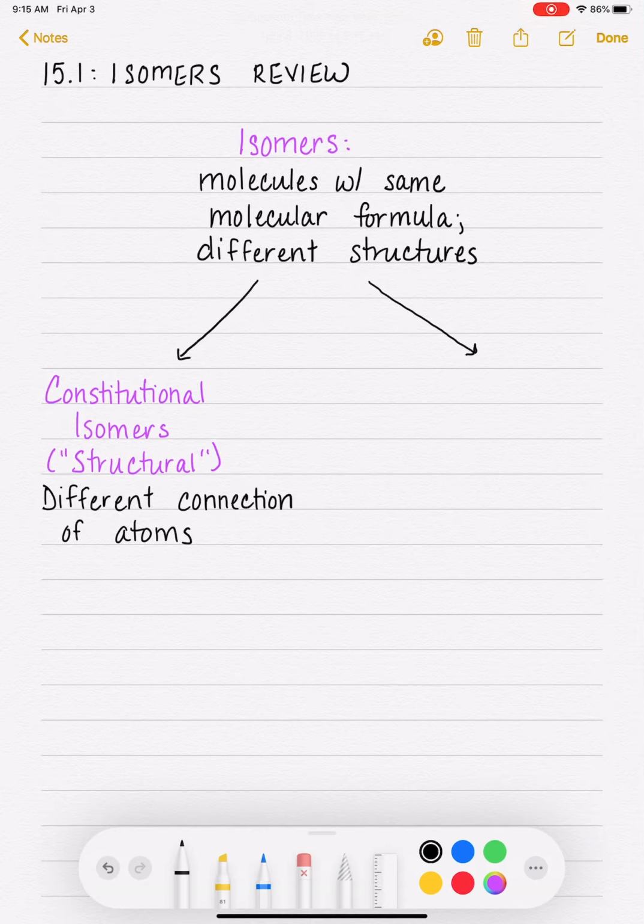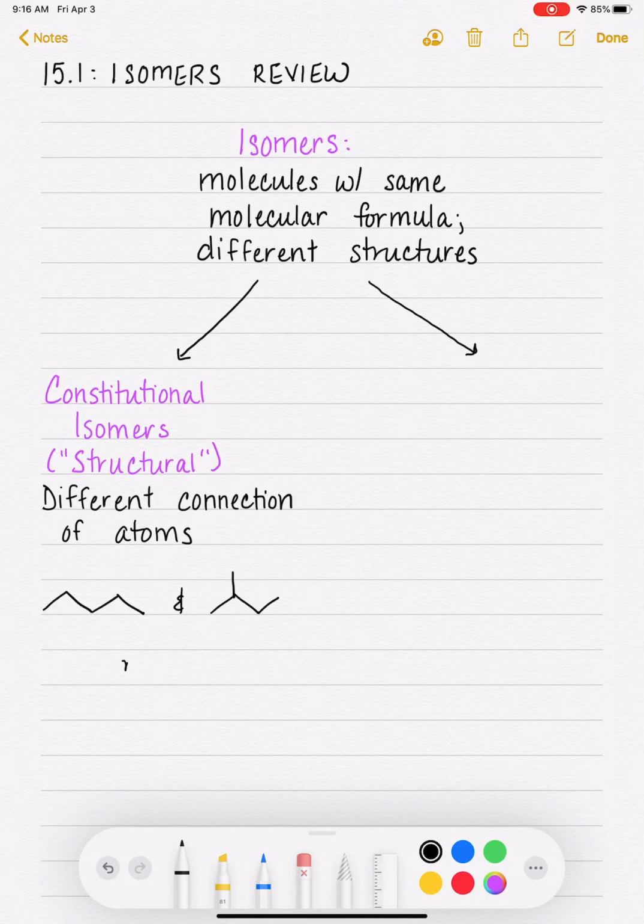So, for example, here are two molecules that are constitutional isomers of each other. They have the same number of atoms, the same number of each type of atom, so they have the same molecular formula.